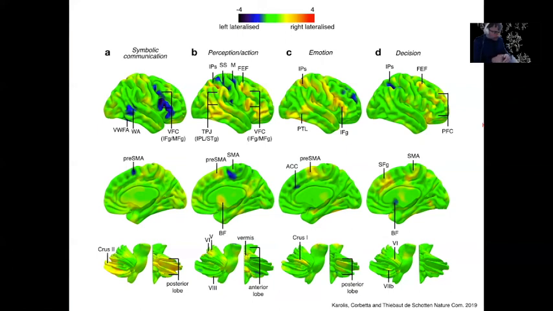And so you cannot give a single map of functional lateralization in the brain because the lateralization will be different according to different functions. And we've been able to reveal that you have 4 main domains of function that are supporting lateralization. So symbolic communication, within blue, you can see the typical areas of language production.